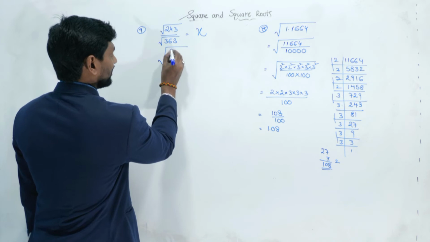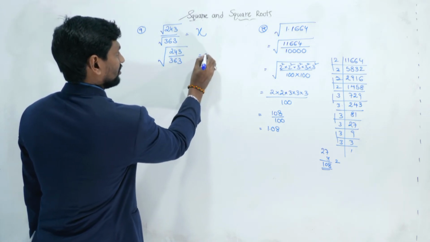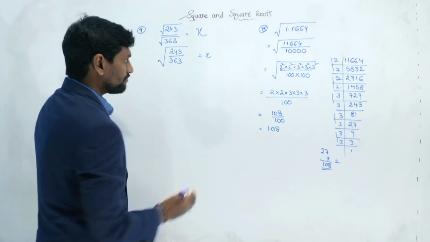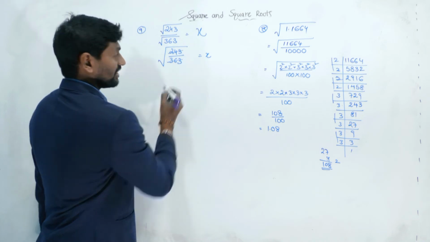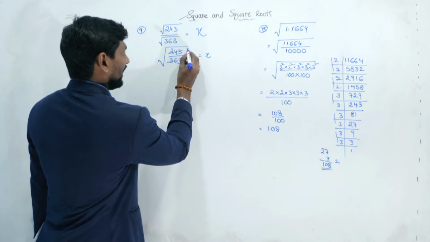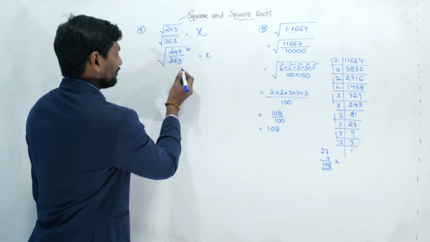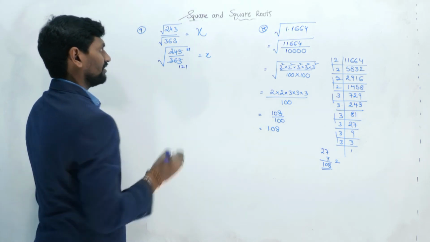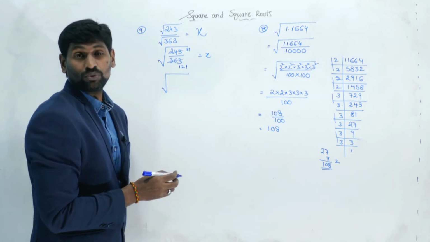Single root, I can write 243 by 363 equals x. Both 243 and 363 will cancel in the 3 table. 3 8s are 24, so 81 here. Here 3 1s are 3, 3 2s are 6, so 121. 81 is nothing but a square number.